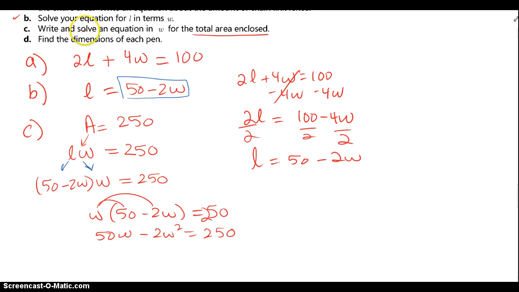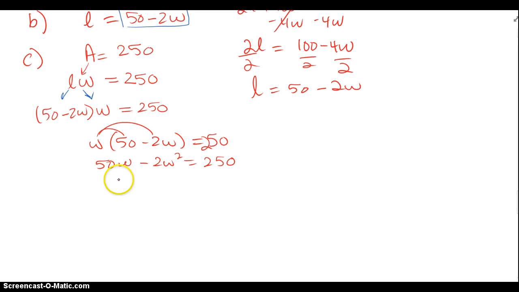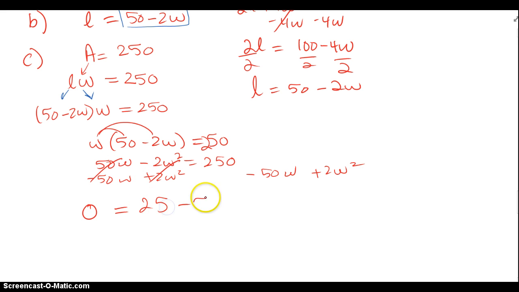And we're supposed to solve the equation, so since it's a quadratic, I'm going to move everything to this side because I want my leading coefficient again to be positive, just because I like it that way. You don't have to do it that way. So I'm going to move the W to this side. Now I have 0 equals 250 minus 50W plus 2W squared.